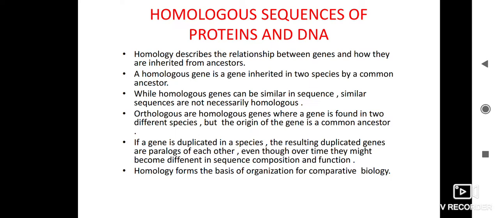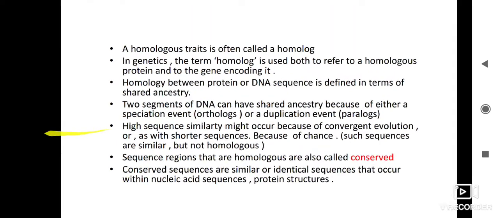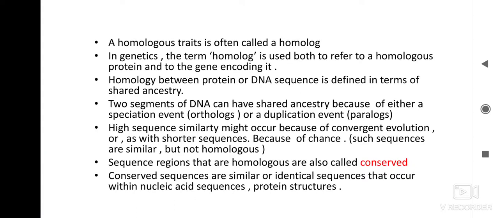If a gene is duplicated in a species, the resulting duplicated genes are paralogs of each other, even though over time they might become different in sequence, composition and function. Homology forms the basis of organization of comparative biology. A homologous trait is often called a homolog. ആ ട്രേറ്റിനെ പറയുന്നതാണ് homolog.